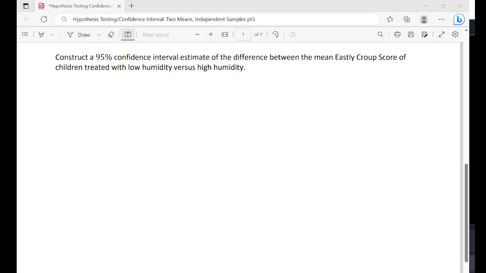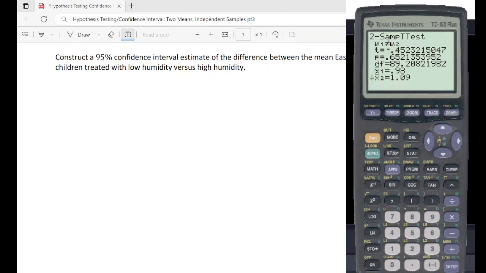Again, we want to use our calculator to do the work for us. So bring the calculator back up, and we are going to go to Stat, Tests. Before we did a 2-sample t-test, but since we're doing a confidence interval, we want a 2-sample t-int, int for interval. All the stats should already be typed in from what we did before. If not, just type it in.